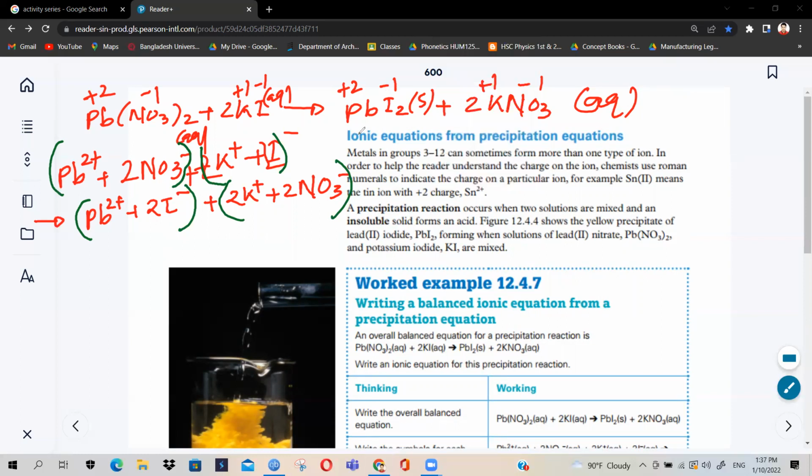We have distributed all the compounds into ions. Lead nitrate is distributed like this, and potassium iodide is distributed like this. So how will you distribute lead iodide?